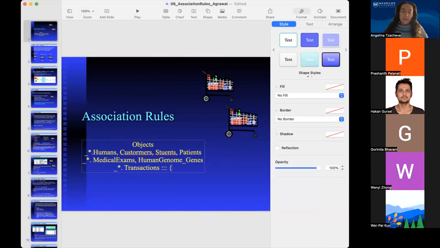So the transaction contains certain items, A, B, C, D. Those items could be things that we purchased from the grocery store.